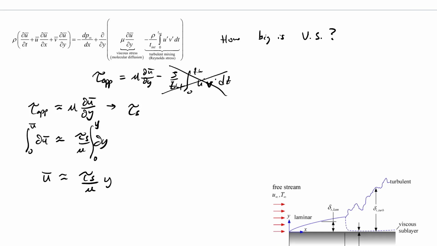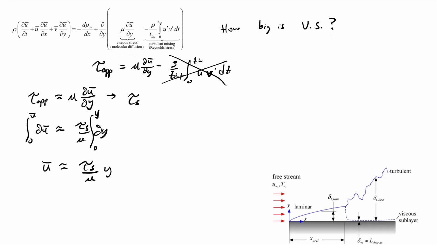So this is kind of helpful, but doesn't quite get us the full way. What we need to think about is that as we move away from the wall, the size of the fluctuations is limited by how much space is available for these fluctuations to happen.